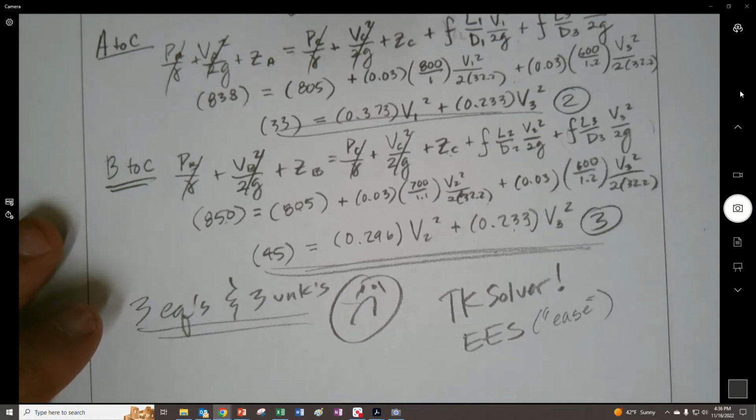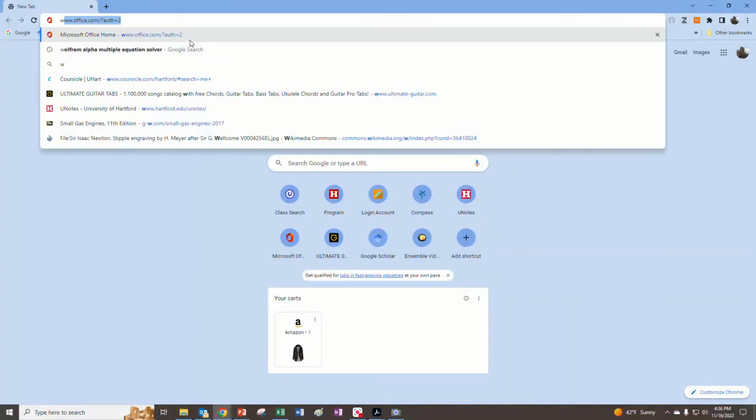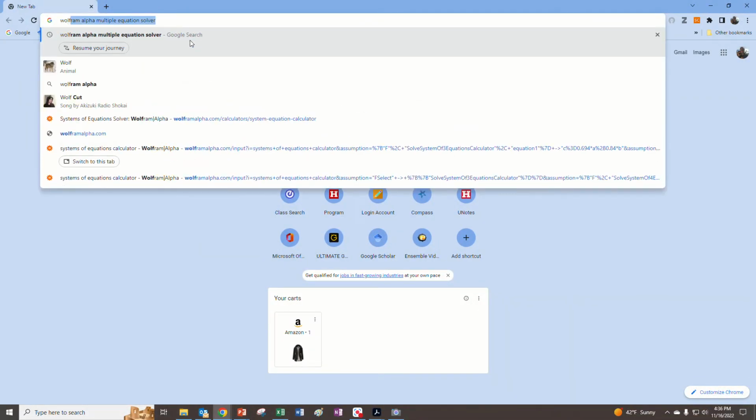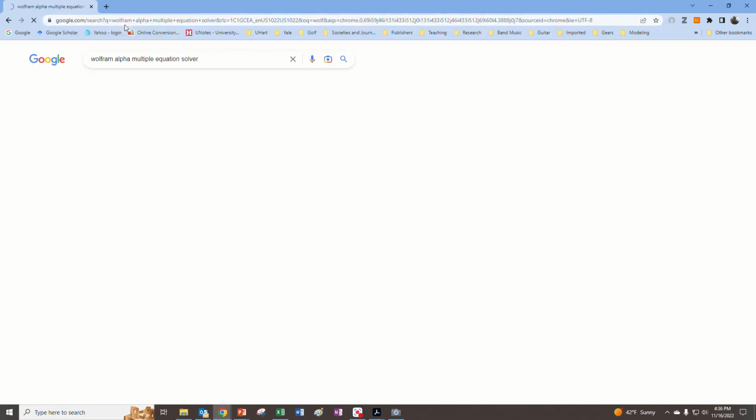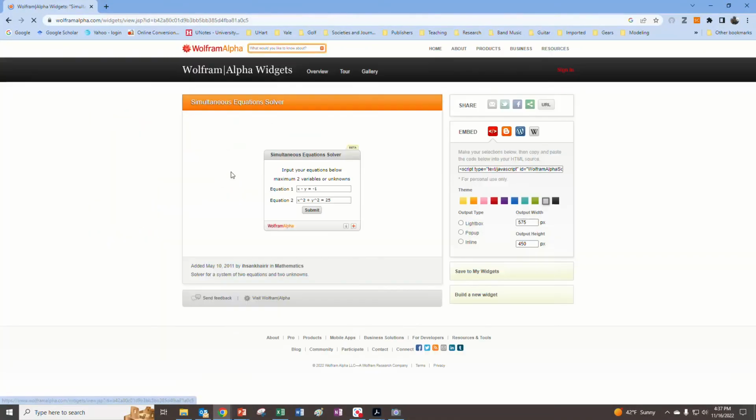But what we can do is go to Wolfram Alpha and search multiple equation solver, and it gave me a couple of choices here. It says simultaneous equation solver. I'm not sure which one I went to. Let me go to this one first. Those are two equations.